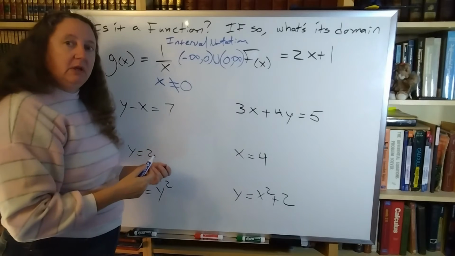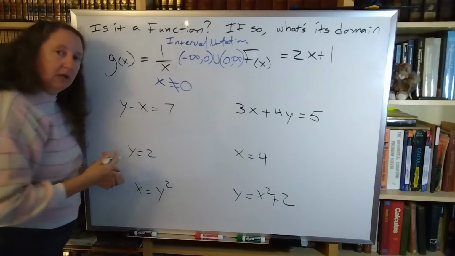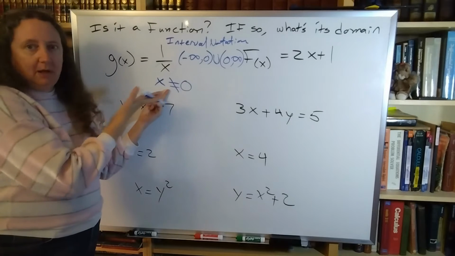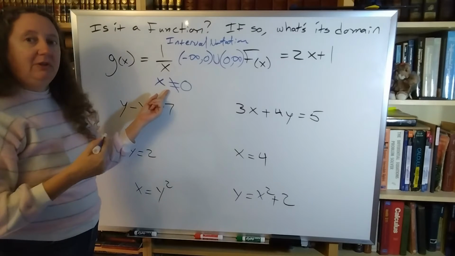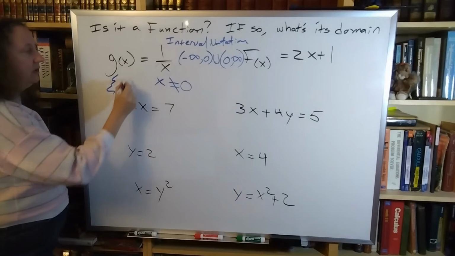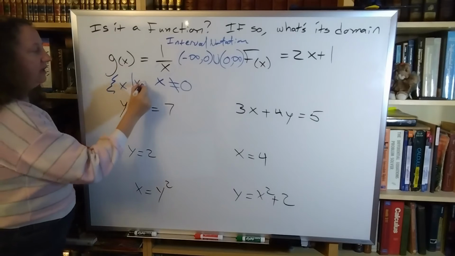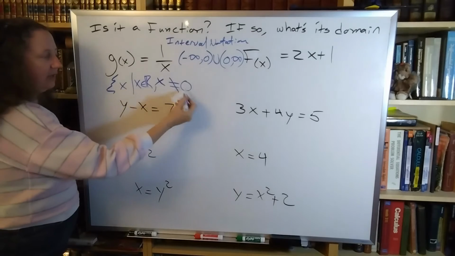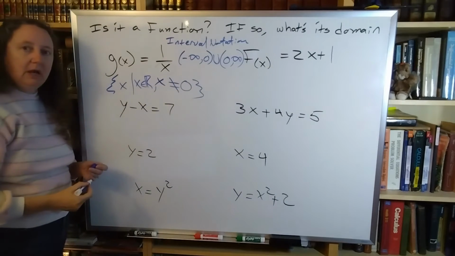The other way is inequality notation. And I'm going to use set notation also. Using set notation, I would have the set of all numbers x, such that x is an element of the real numbers, and x does not equal 0, and that's done.